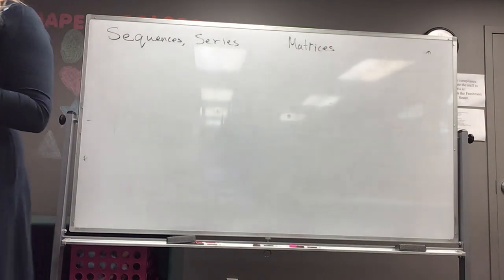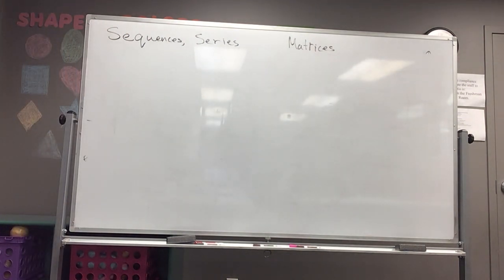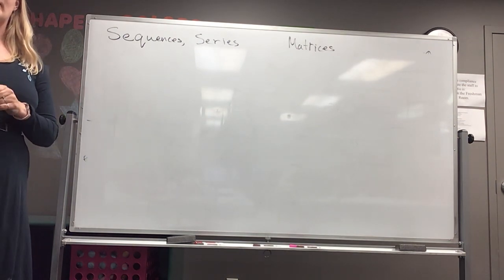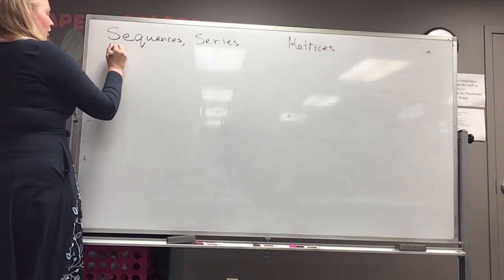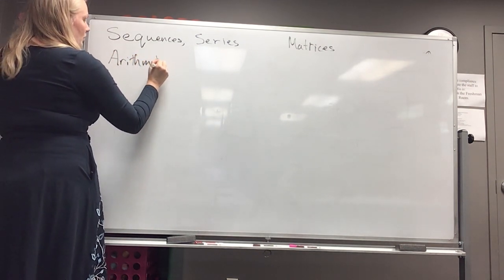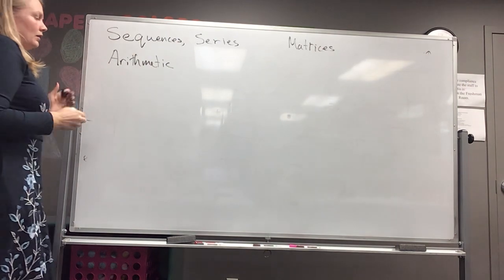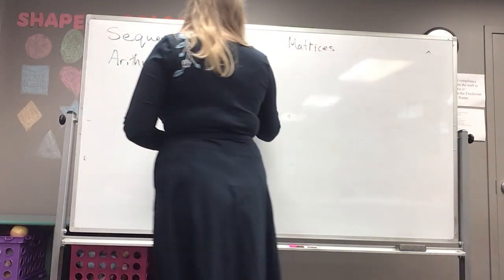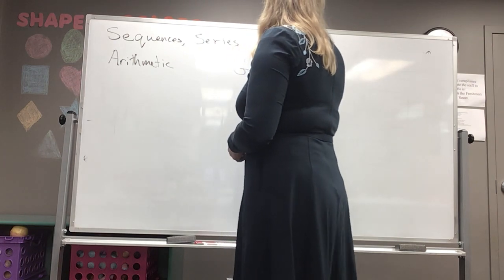So for the sake of ACT and most of the stuff we do, it breaks up into 2 categories: arithmetic, coming from the word arithmetic, and then geometric.